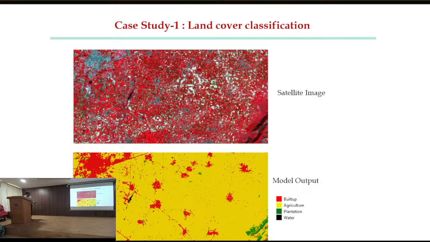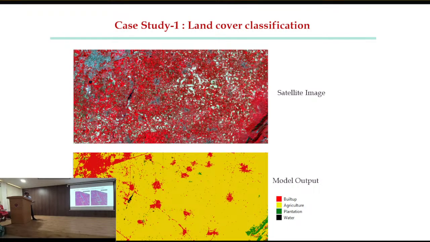All the green is vegetation, the red is built up, or we can say settlements, the yellow portion is agriculture, and the deep blue is water bodies. The classification algorithm was implemented using the Python language. Similarly, case study 2, we have developed a case study.